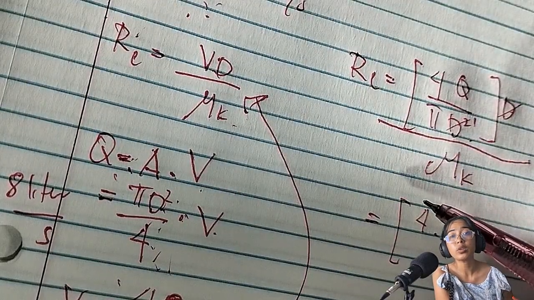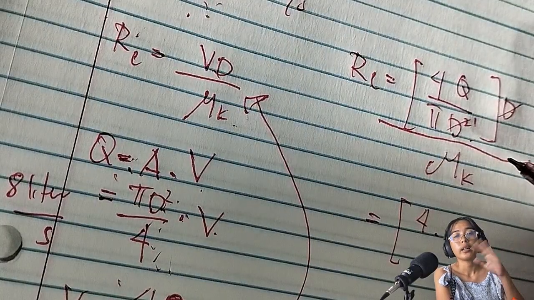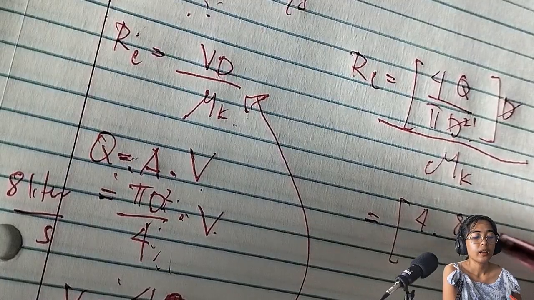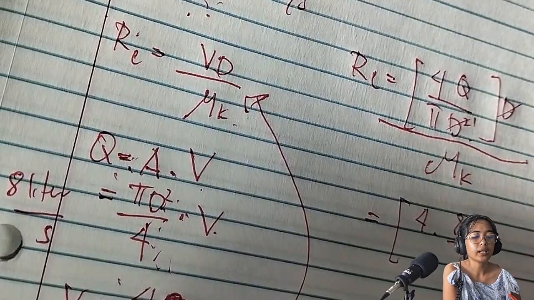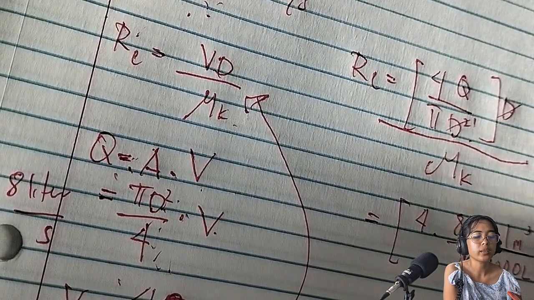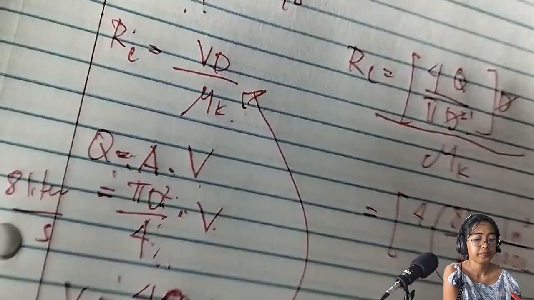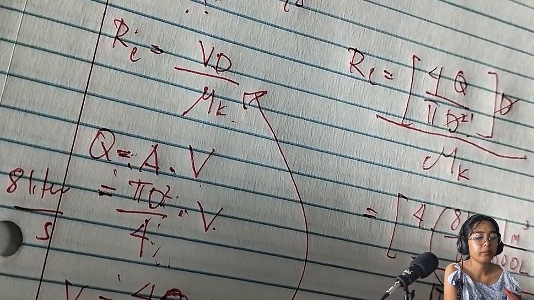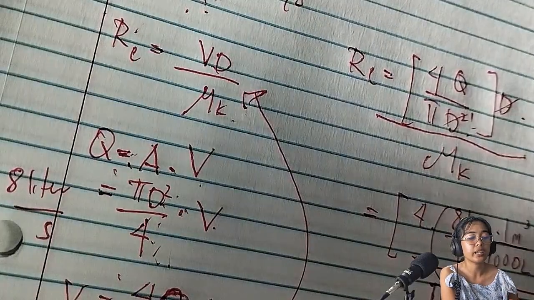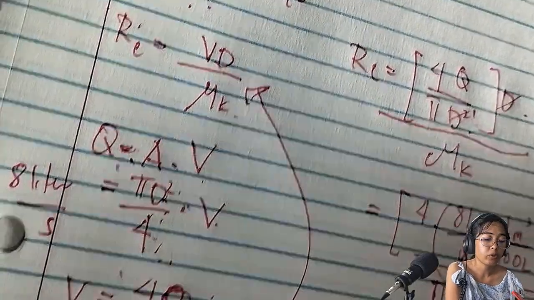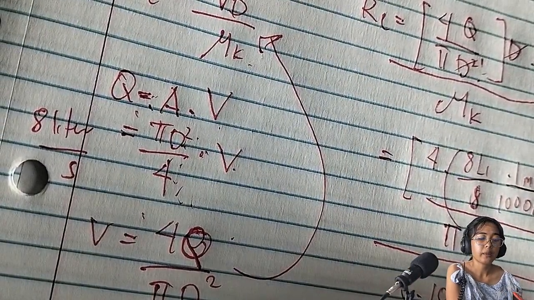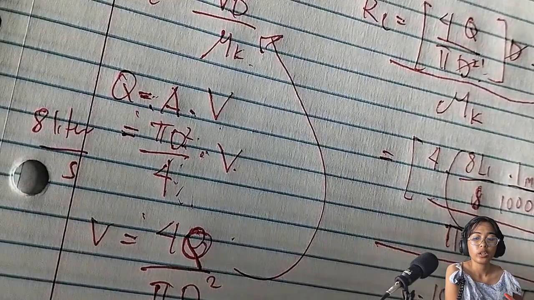We convert the 8 liters to cubic meters, since 1 cubic meter is equal to 1,000 liters. Then, divided by pi D, just one D, not squared anymore, over 6.10 times 10 to the power of negative 6 meters squared per second.